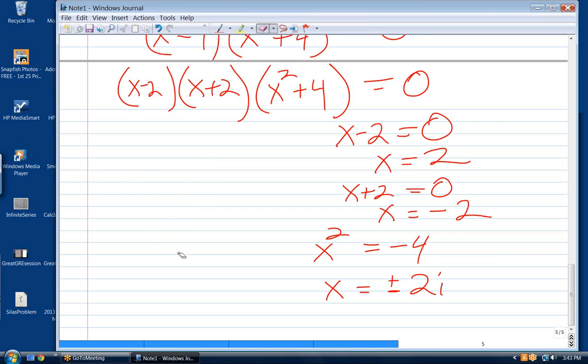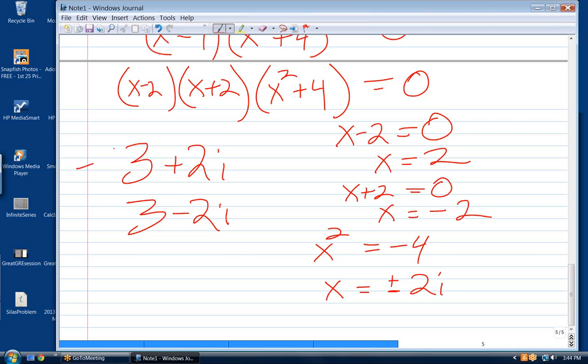Whenever you solve quadratics or any polynomials, say they give you a 4th degree polynomial, and they tell you that 3 plus 2i is one solution. Well, that means that 3 minus 2i is another solution, for sure, 100%.